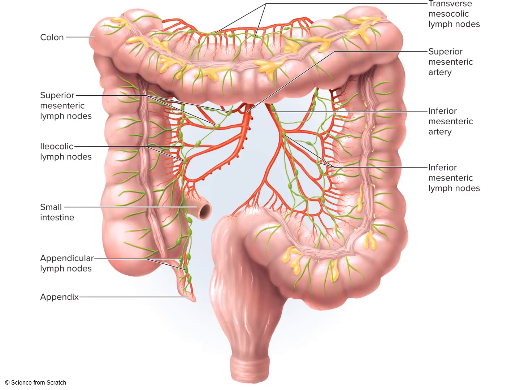So this is showing you areas of lymph node concentrations. I'd like you to take note of the superior mesenteric lymph node and the inferior mesenteric lymph node. That should sound very similar to the arteries and veins we learned, because the stuff just doesn't go away. But these are those enteric lymph nodes that will collect from your intestines.